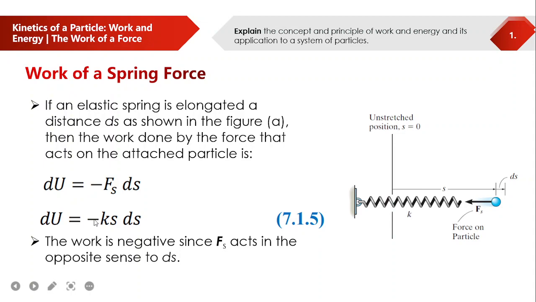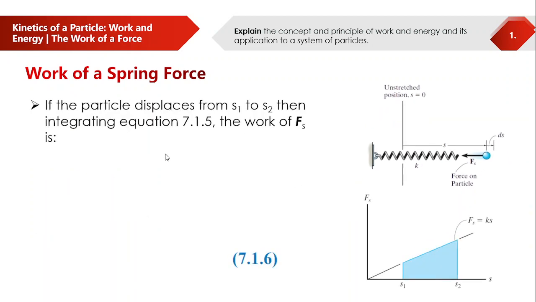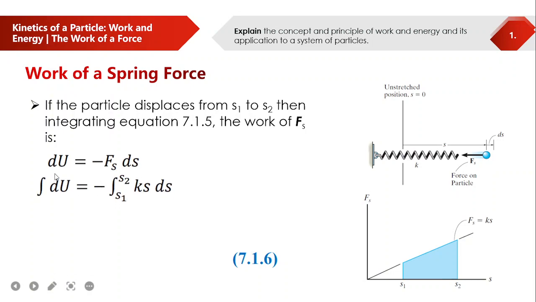Okay? And how to solve for your work again is negative k times s ds. Okay? So if the particle is displaced from s sub 1 to s sub 2, then integrating equation 7.1.5, the work of F sub S is, ayan, integral of dU is equal to negative the integral of k s ds from s sub 1 to s sub 2. Therefore, your U sub 1 to 2 is equal to negative, kasi nga, s ds is s squared over 2.